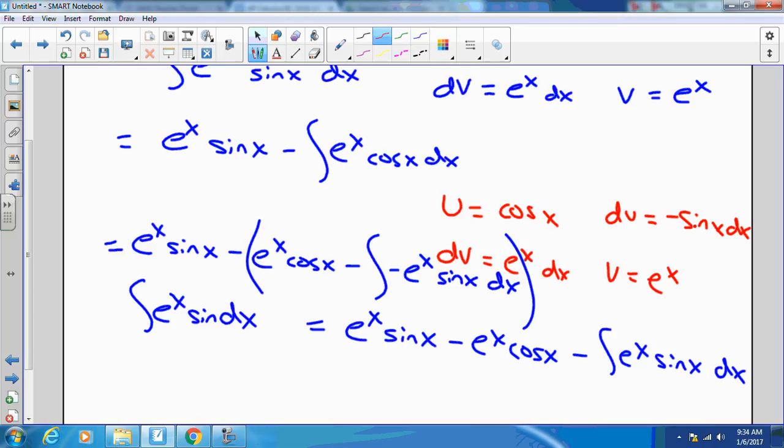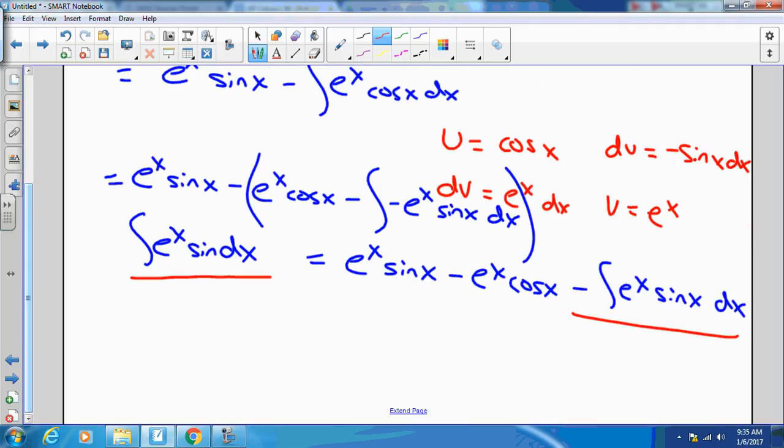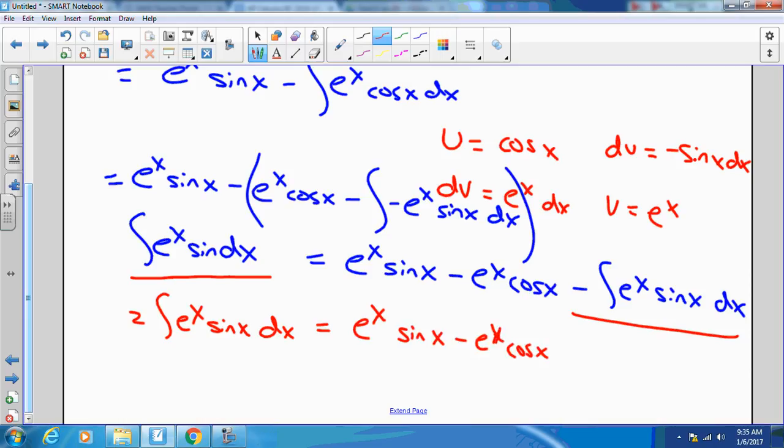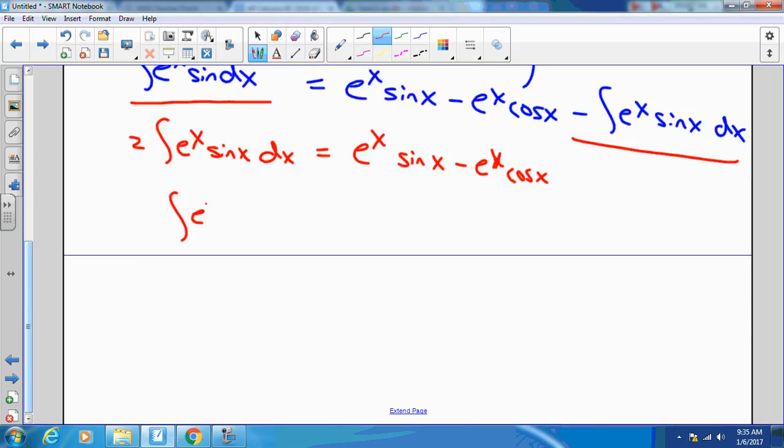And would you look at that? I have like terms. So I can add an integral of e to the x sine x dx to both sides. And when I do, I get this result here. Oh, I need a cosine.